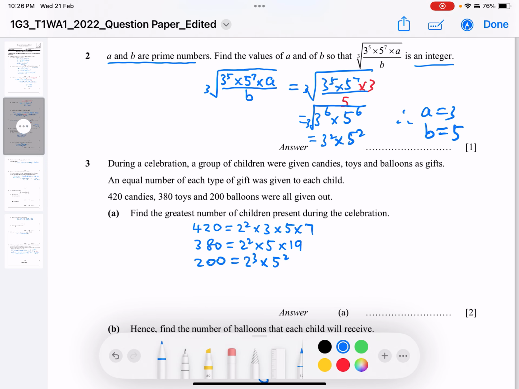In the next sum, we have a group of children to be given candies, toys, and balloons, and we must give equally to each child the same number of candies, same number of toys, and same number of balloons. So since we divide out the candies and so on, we will get a smaller number, meaning that we are actually finding the HCF.